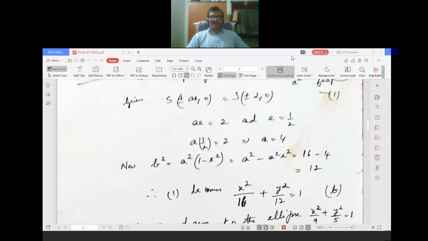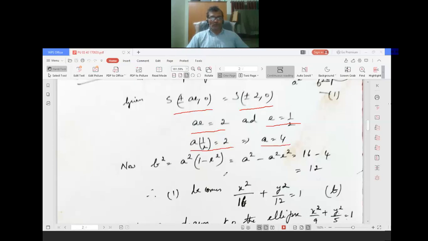From here it is given the focus is plus or minus 2 comma 0, and we know the formula for the focus is plus or minus ae comma 0. So here ae equals 2 and the eccentricity e equals half. Substitute a into half equals 2, so a is equal to 4.